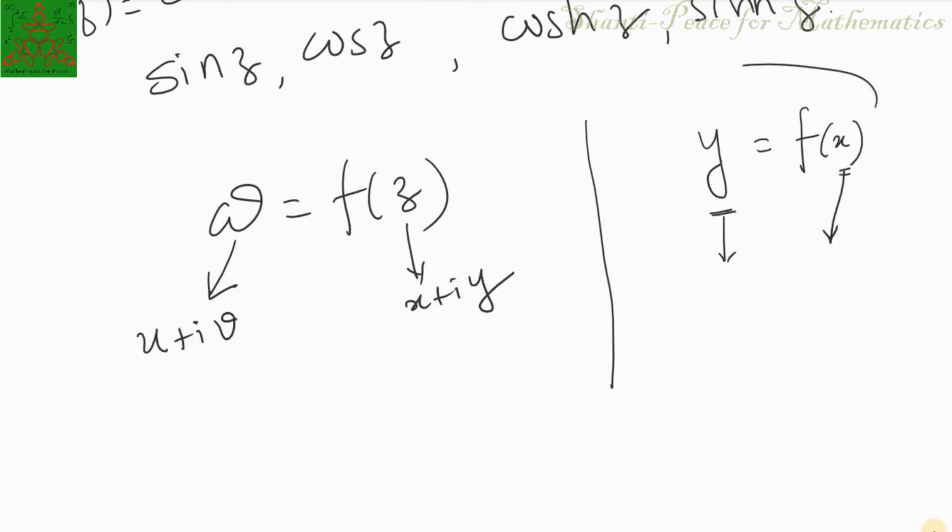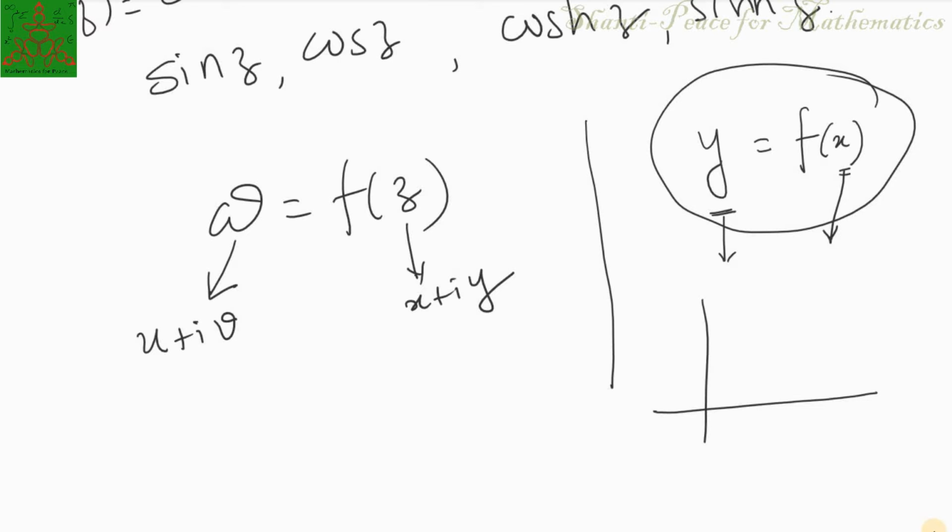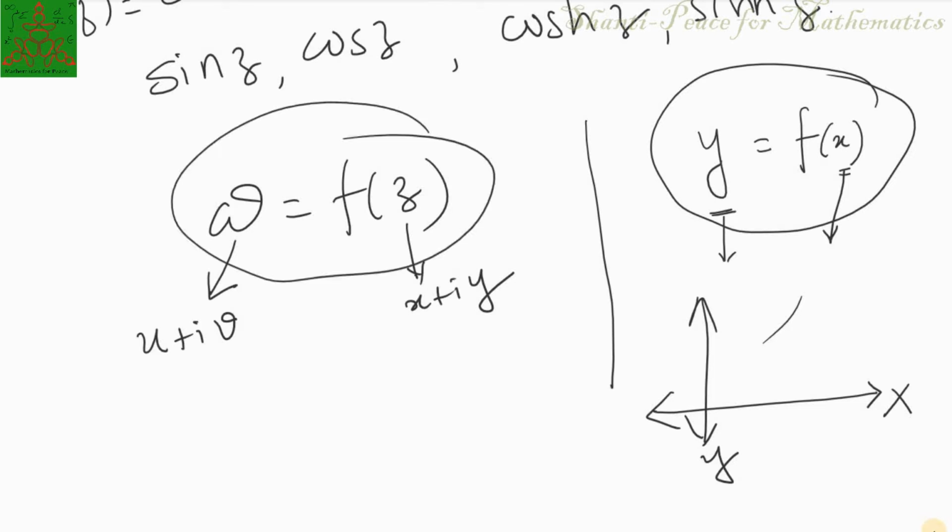Now when you try to plot the graph of this function, you will represent the values of x on the x axis, and the values of y on the y axis. So you will have a graph of the function. You can draw the graph of the function because every point on x corresponds to a value of y here. What is the situation in a complex function?